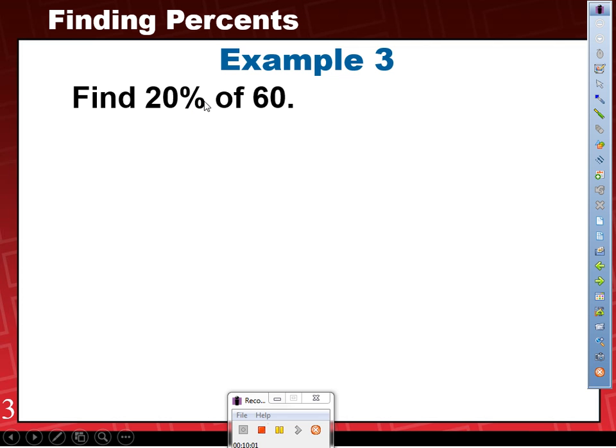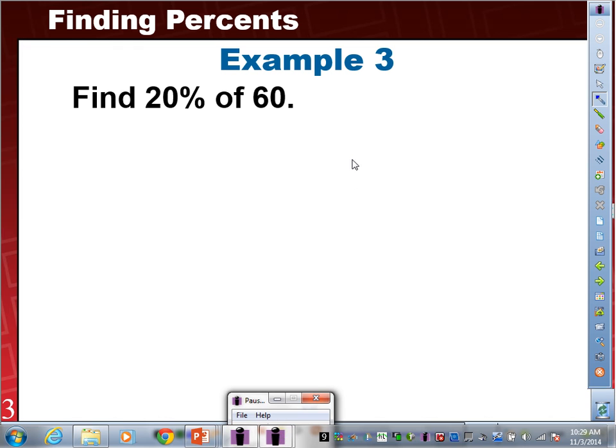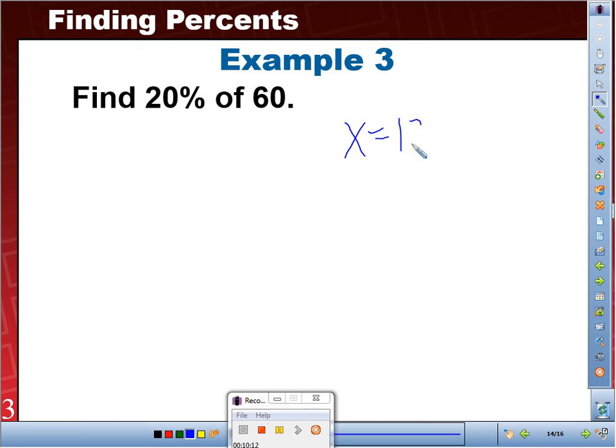Example 3. Find 20% of 60. Copy that and find me the number. Go. X equals 12. Hands if you got that. That is correct. Once again, here it goes again.